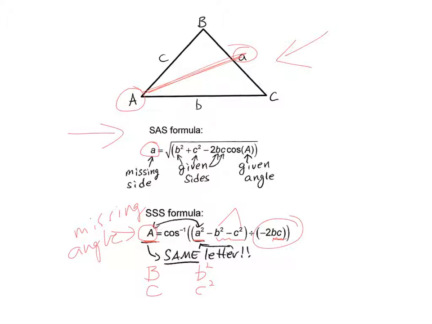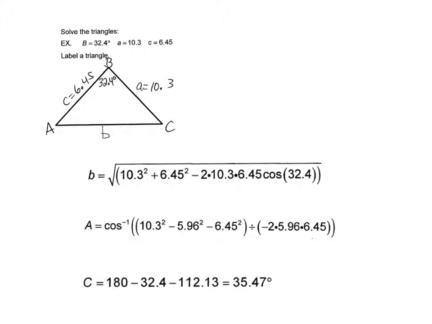So here's how these are used. Some triangles. And the first one we're given that angle B is 32.4 degrees, side A is 10.3, and side C is 6.45. So I've labeled a triangle and filled those things in, and you can see we have two sides and the angle in the middle.